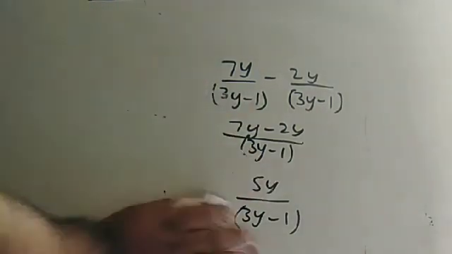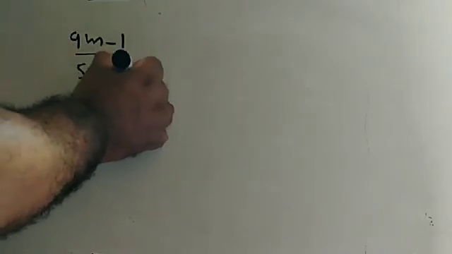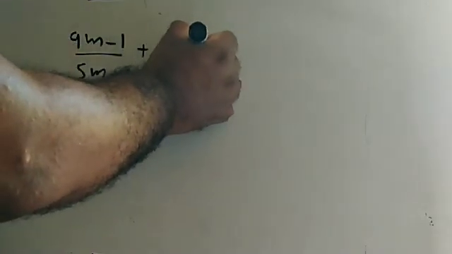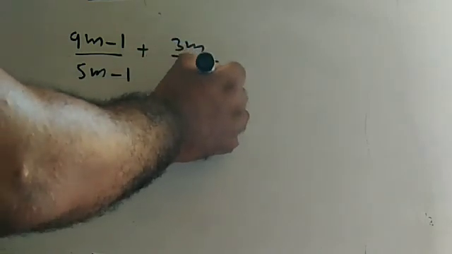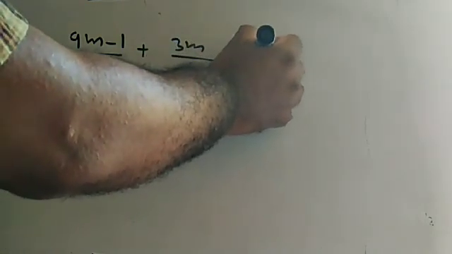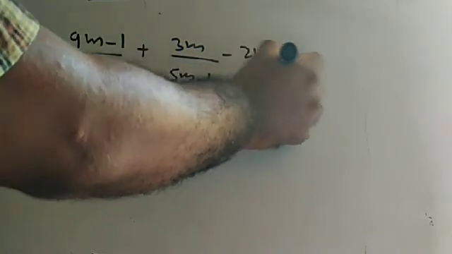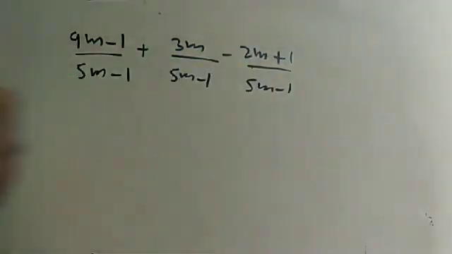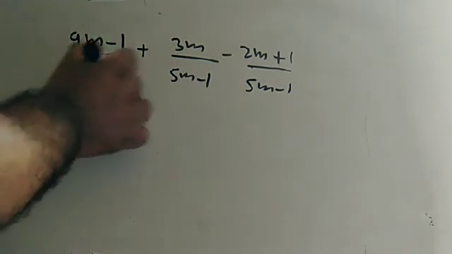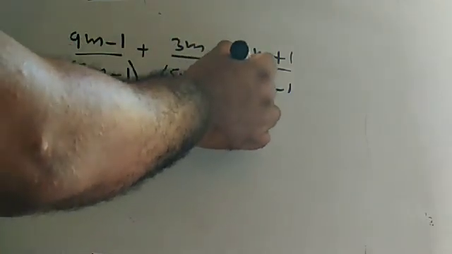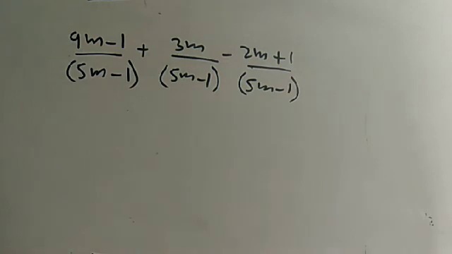Then another example. 9m minus 1 upon 5m minus 1 plus 3m upon 5m minus 1 minus 2m plus 1 upon 5m minus 1. Three algebraic fractions are there. Here all denominators are the same expression, right?